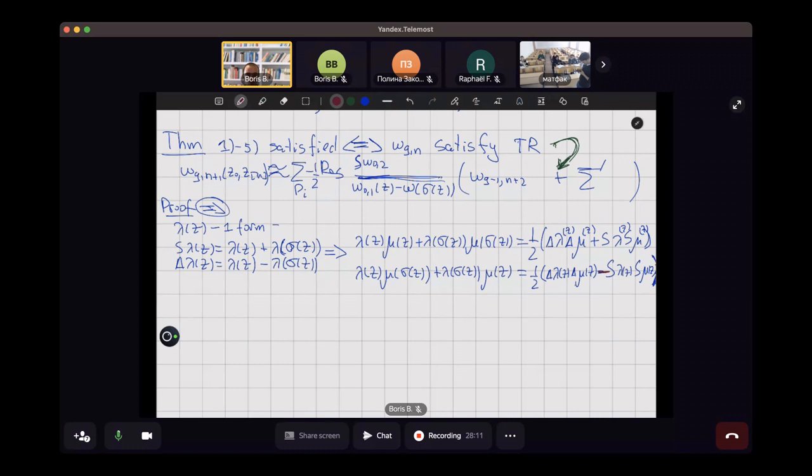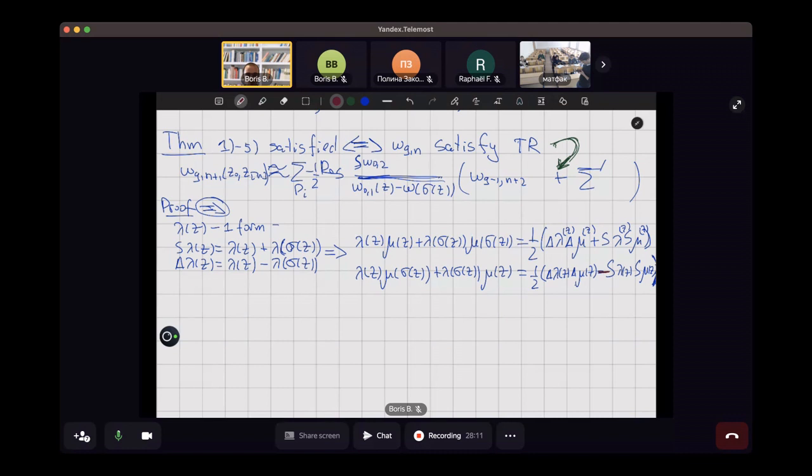Again, I take one residue as I had here, with the integral from pi to w.